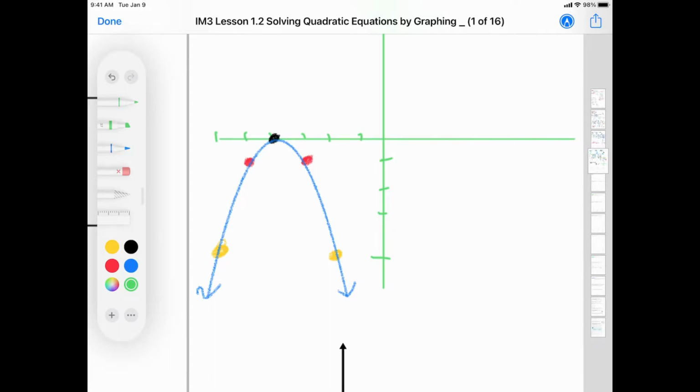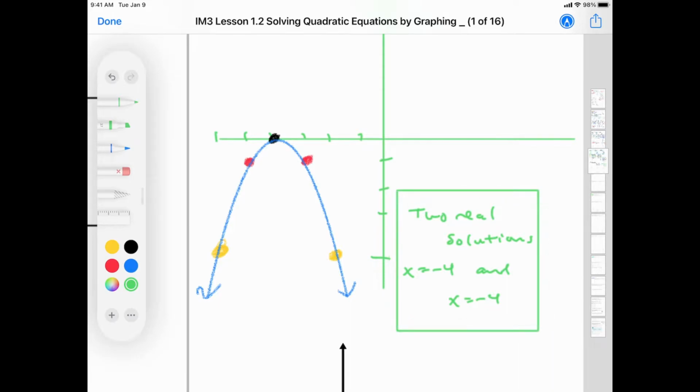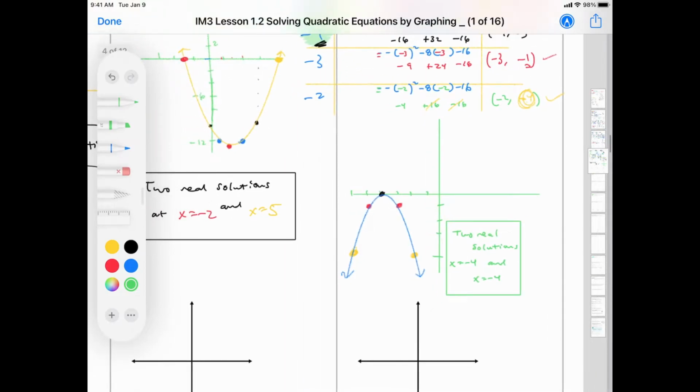So how many solutions do we have? Magic numbers, because it's quadratic, we actually have 2 real solutions. It's kind of weird. I want you to start doing this: x equals -4 and x equals -4. It's a double one. You write -4 twice. All right. Hopefully that was fun.